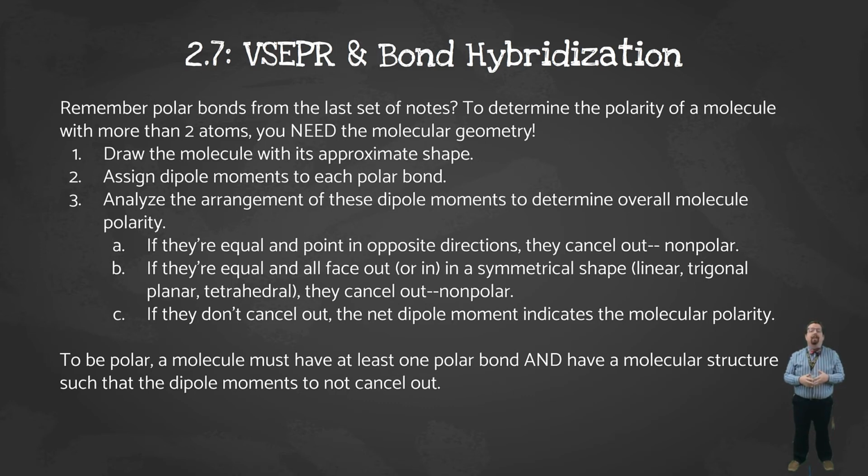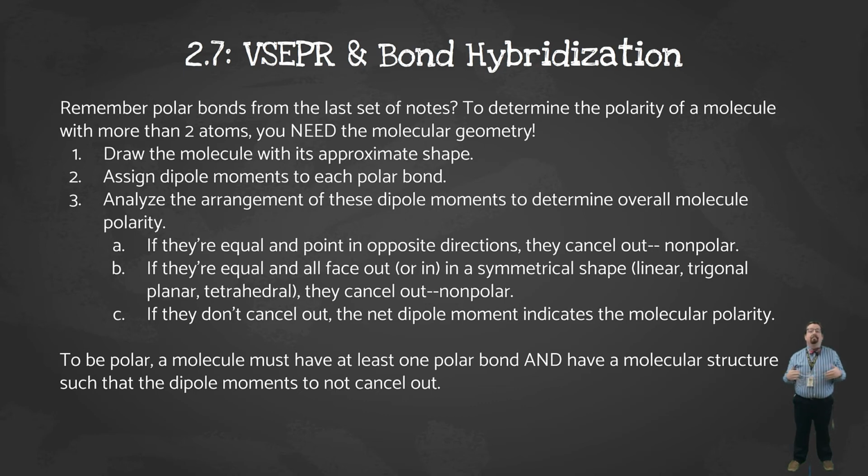Look for dipole moments that are equal in magnitude and pointing in opposite directions. This often happens when the central atom is bonded to 2 identical atoms. Since they're pointing in opposite directions and they're the same length, they would cancel out. If they're pointing in the same direction, they would add together though, not cancel out. When 2 dipole moments add together, you could think about that as one larger dipole moment pointing in that same direction.